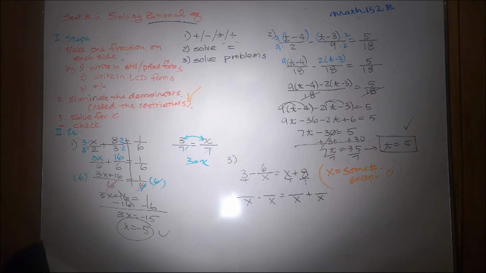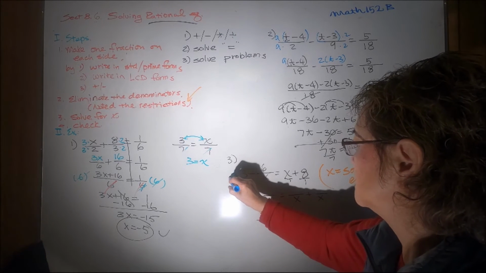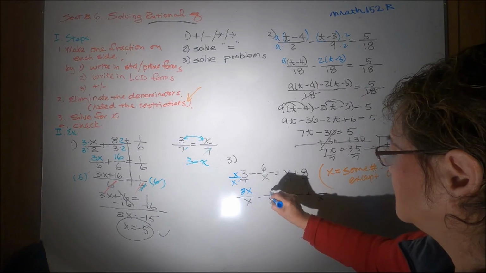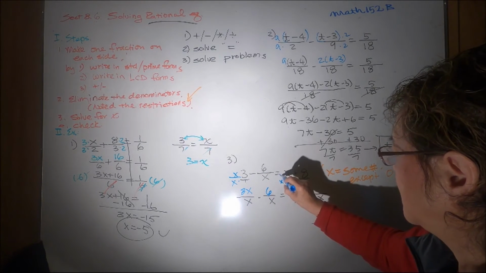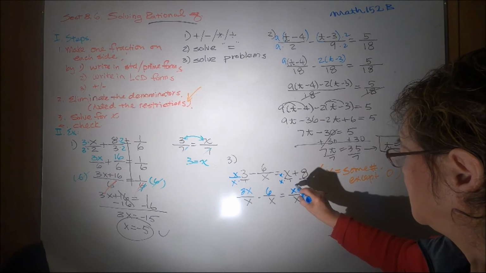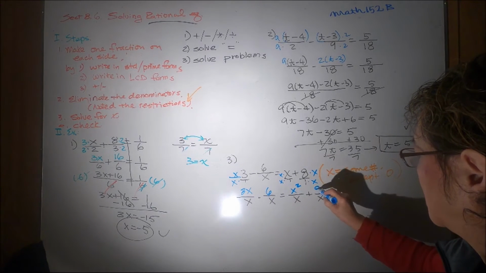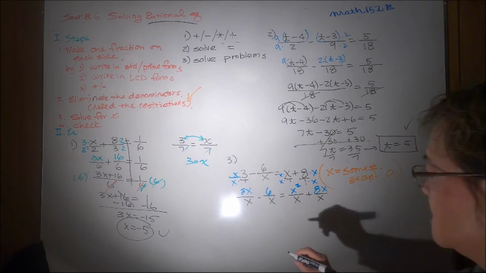From 1 to x, you multiply by x, so that would be 3x. This one is the same. This one you multiply by x, so that would be x squared. This one multiplied by x, that would be 8x. So you write a single fraction on both sides.